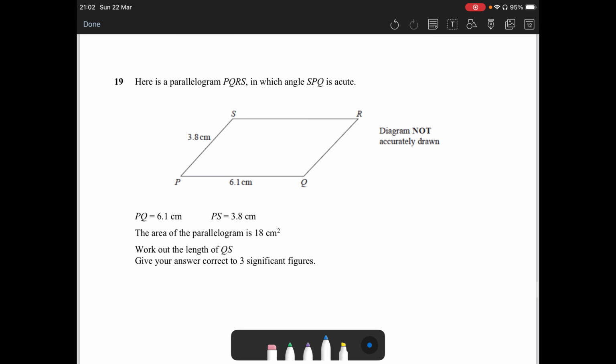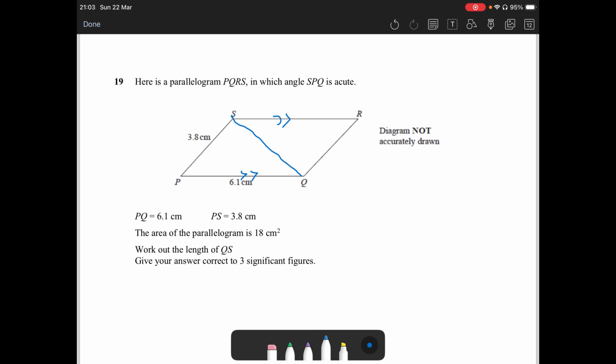Cool. 19, parallelogram. We've got an acute parallelogram. Now, like the kite question, by drawing a diagonal, you do actually split it so the top triangle and the bottom triangle are identical.